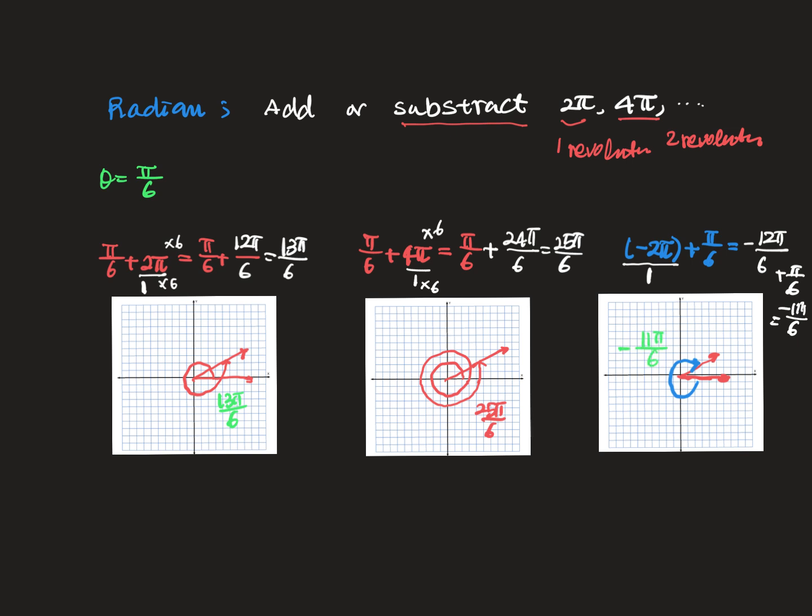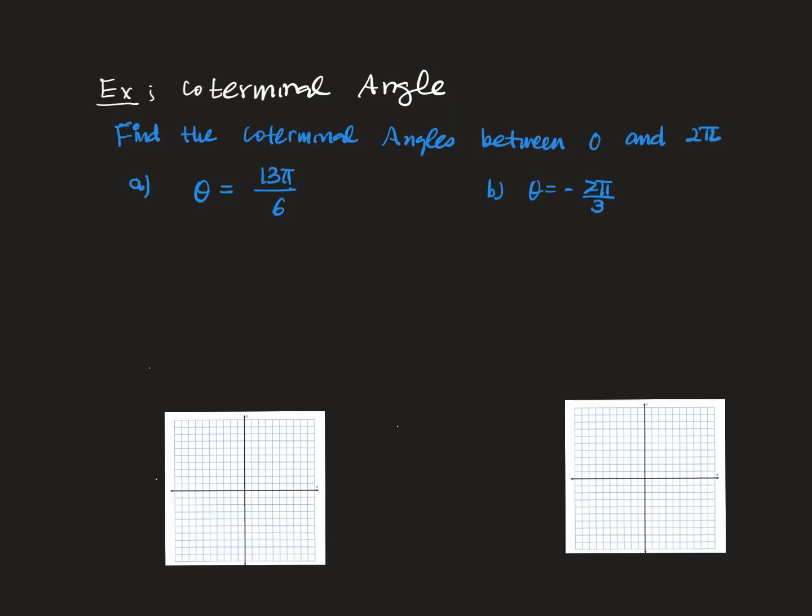Does everyone understand how to find the coterminal angle? Okay, let's practice. I give the angle measurement in radian form, and now we're going to find the coterminal angle only between 0 and 2 pi, meaning one revolution. Here is 13 pi over 6.